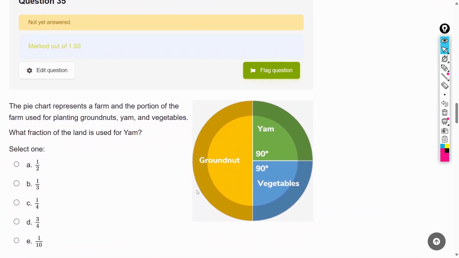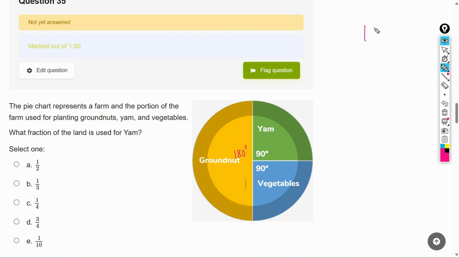The pie chart represents a farm and the portion of the farm used for planting groundnuts, yam, and vegetables. What fraction of the land is used for yam? This is 90 degrees. This is also 90 degrees. Of course, this is 180 degrees. So let's figure out what the total is.